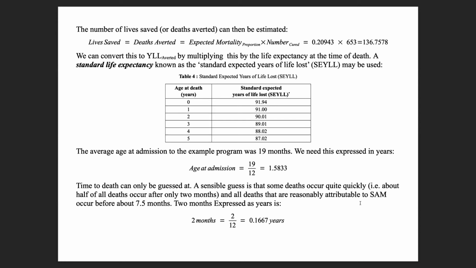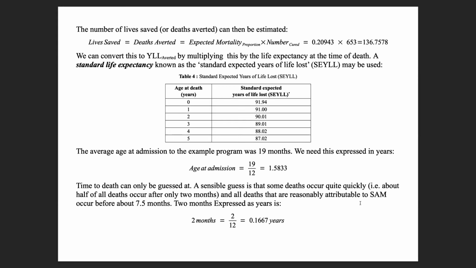And time to death, from when we get them into the program, from when SAM starts to when they die, we have to make an informed guess of that. And a sensible guess might be that some deaths occur quite quickly, maybe about half of all deaths after 2 months, and all deaths that can be reasonably attributed to SAM have occurred before 7.5 months.